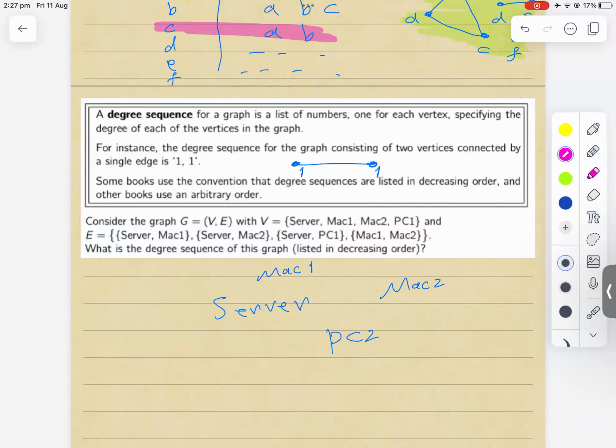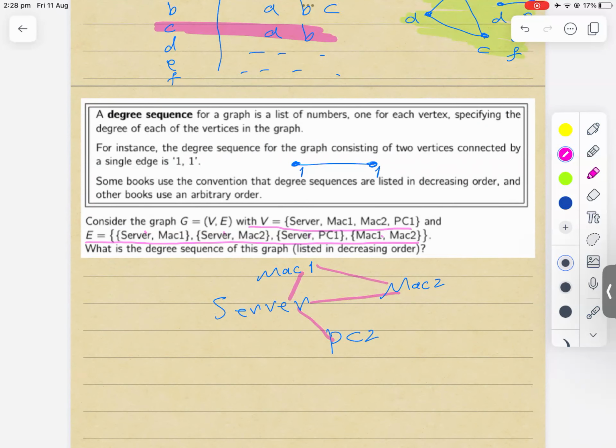So now I've got this one here, and so I've got these: one, two, three, four. Server to Mac 1, okay. Server to Mac 2, server to PC, okay. And Mac 1 and Mac 2.